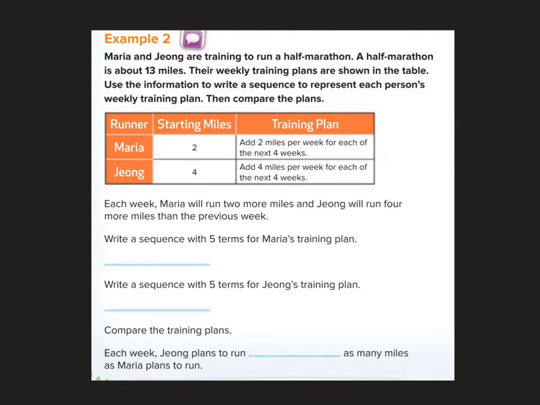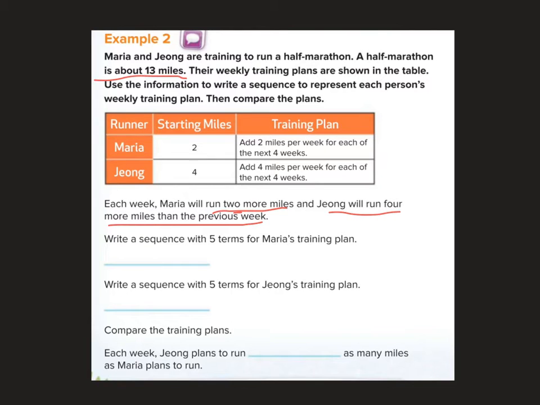Maria and Jung are training to run a half marathon. A half marathon is about 13 miles. Their weekly training plans are shown in the table. Use this information to write a sequence to represent each person's weekly training plan. Then compare the plans. Each week, Maria will run 2 more miles, and Jung will run 4 more miles than the previous week. They're going to start with 2.